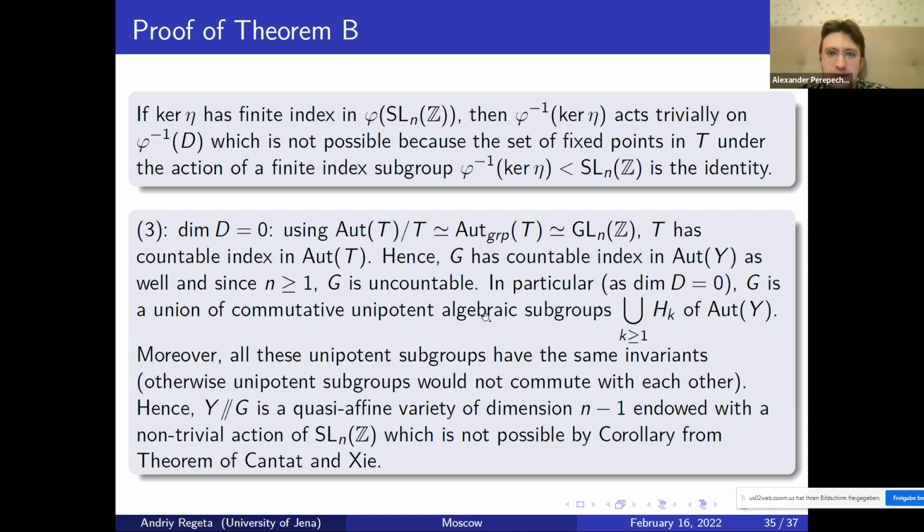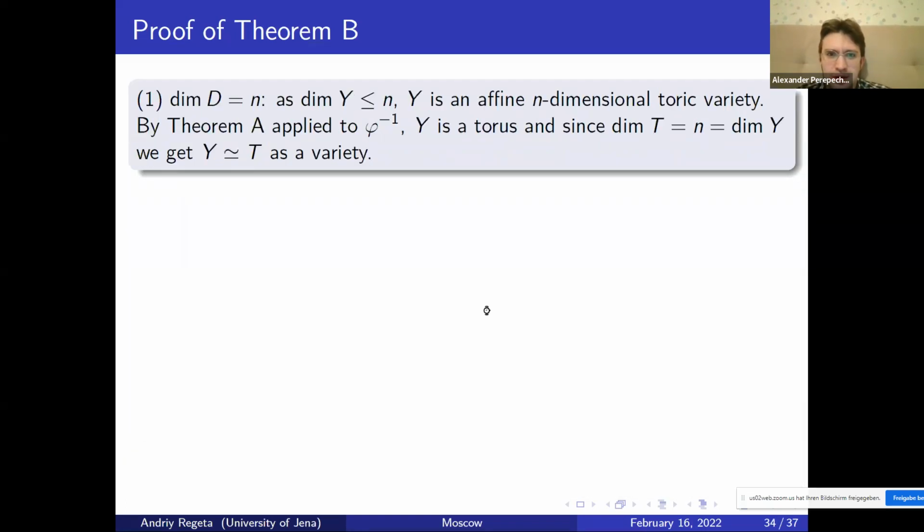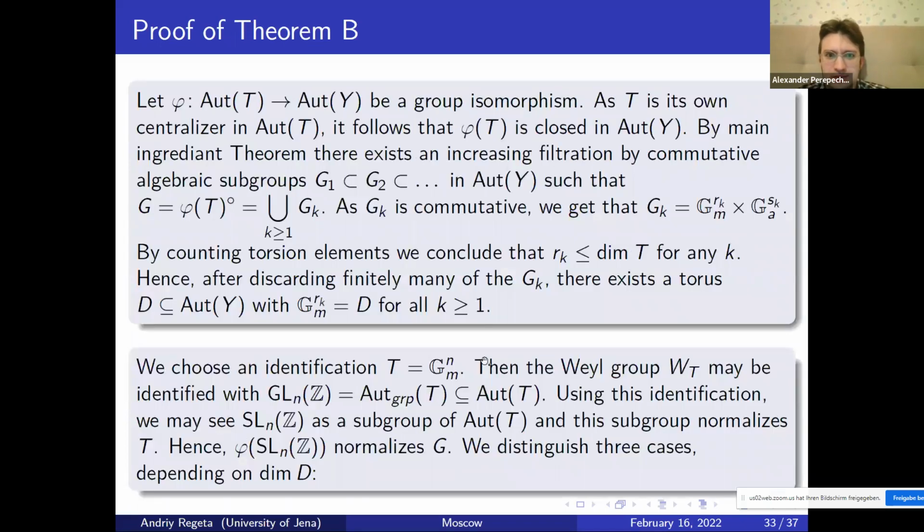Then I have another small question. If you go back two pages, here, you say that the subgroup of the automorphism group of the torus, Aut T, normalizes the torus.